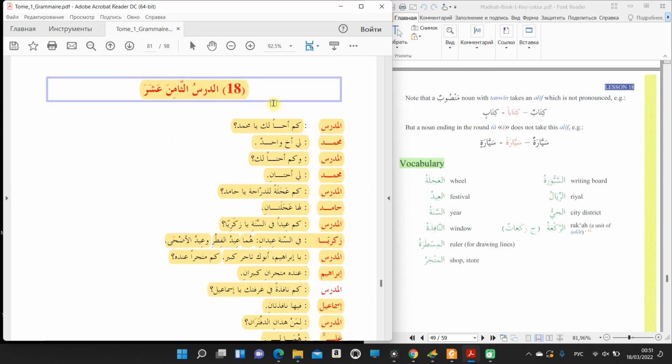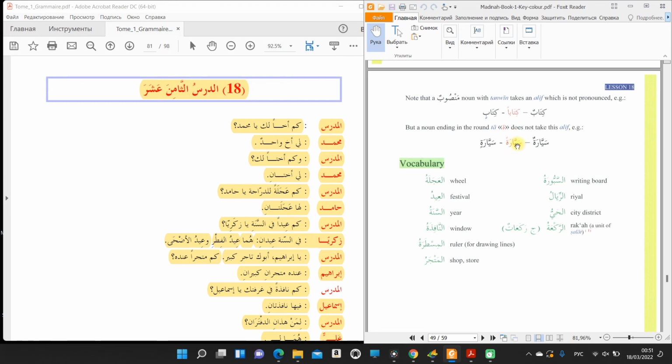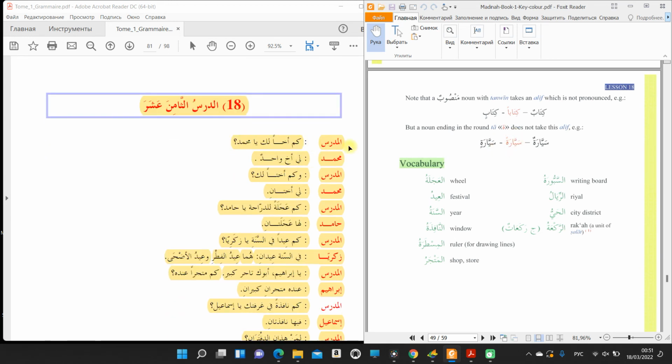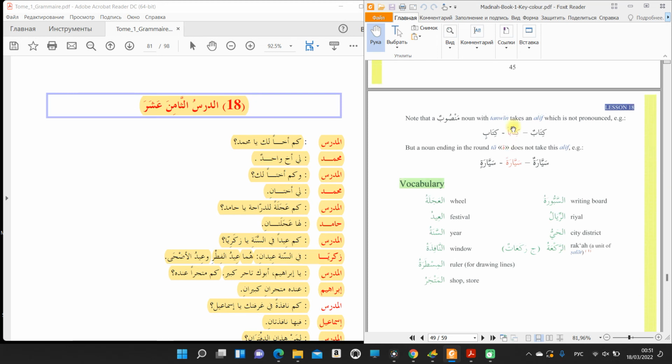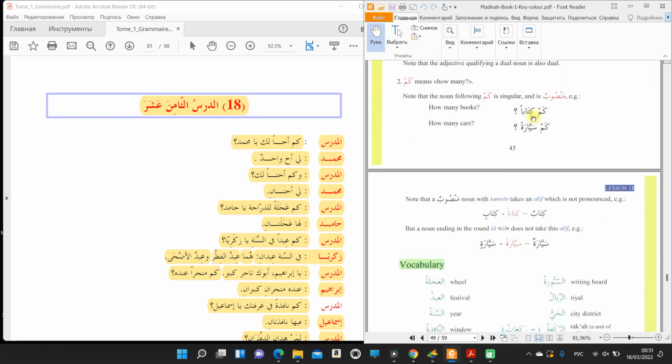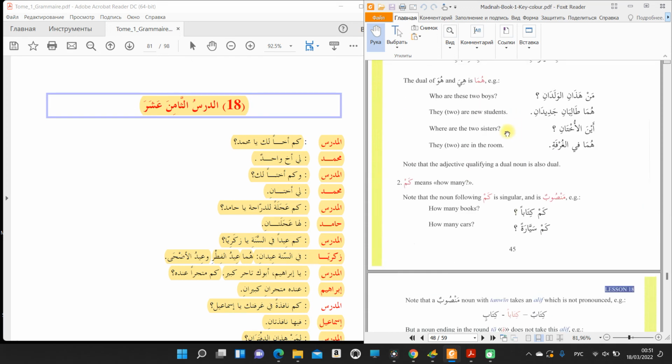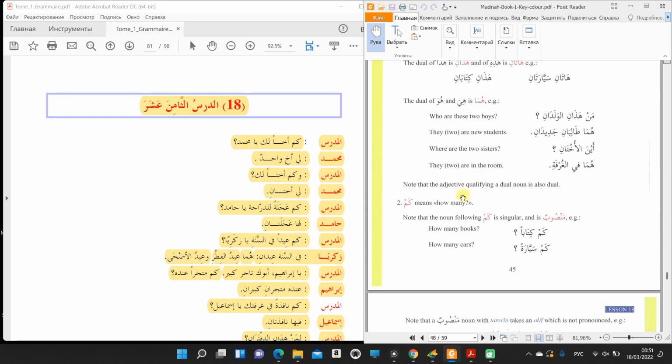As usual, that was a very useful lesson that came with some useful rules and information that you'll be using constantly when using the Arabic language. This lesson was about two things. It's about how to say how many, like how many papers or how many phones do you have, how many pens do you have, or how many brothers do you have.